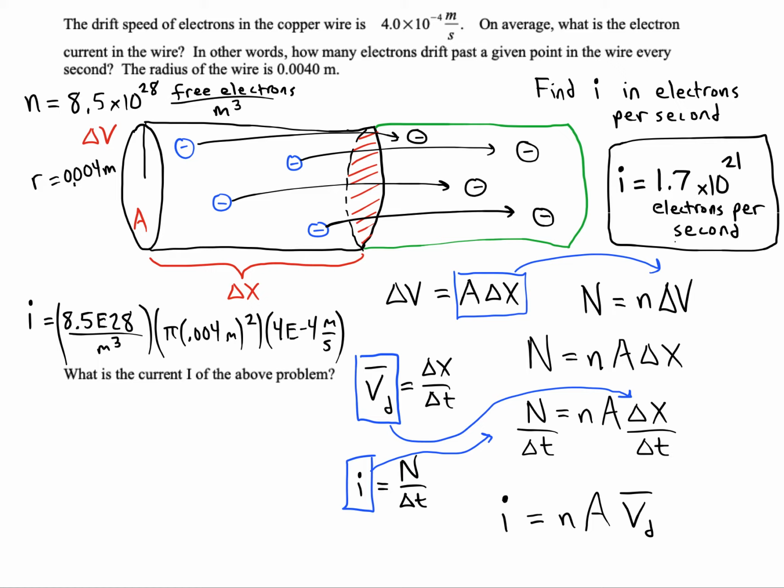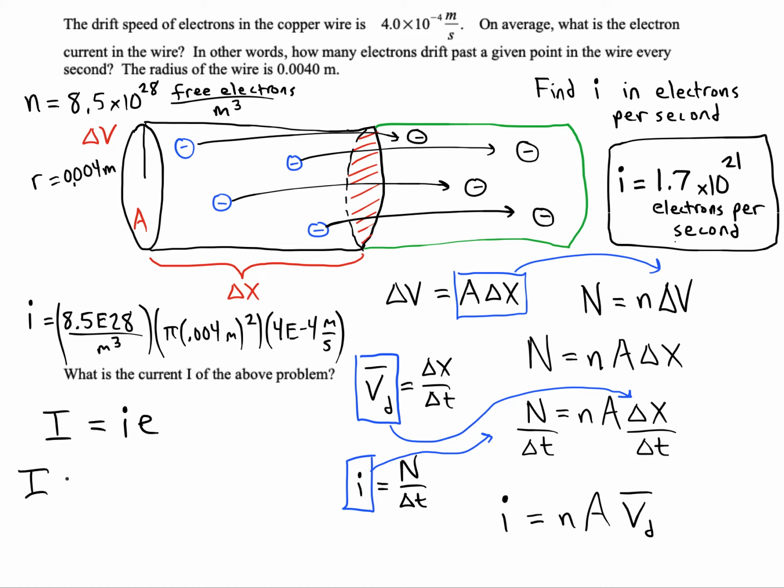Now we'd like to turn it into a current, though, which is capital I instead of little i. In a previous video, I had showed that the relationship between current and electron current is capital I will be little i times the elementary charge e.